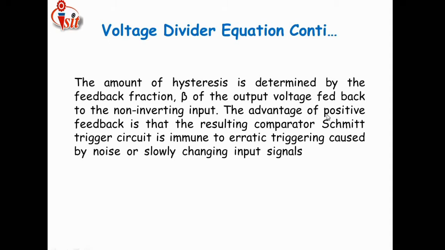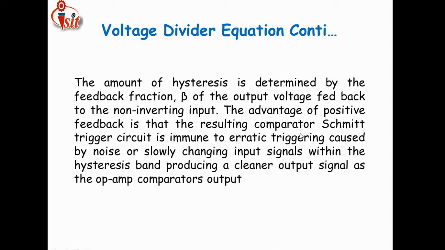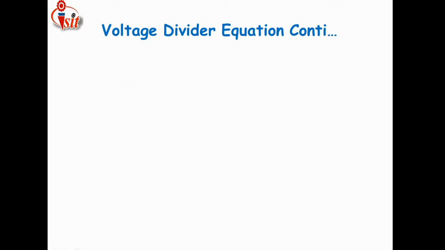The advantage of positive feedback is that the resulting comparator Schmitt trigger circuit is immune to erratic triggering caused by noise or slowly changing input signals within the hysteresis band, producing a clear output signal, as the op-amp comparator's output is only triggered once.